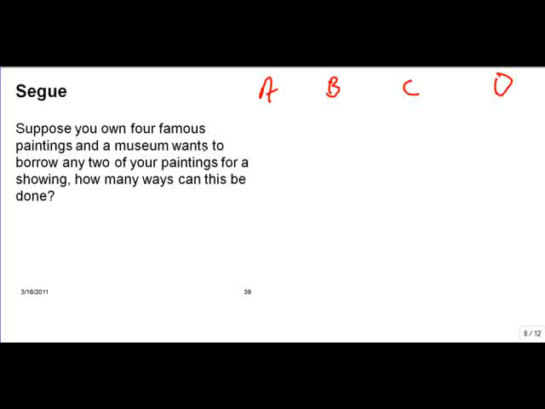Now again, since they just want any 2 of these pictures, let's take a look at how this can be done. So if you choose picture A, then that means that we have picture B, C, and D. So that means we have picture AB, picture AC, and picture AD.